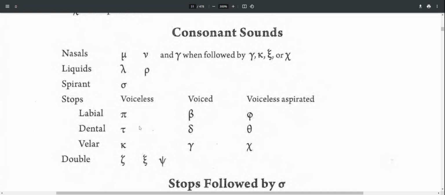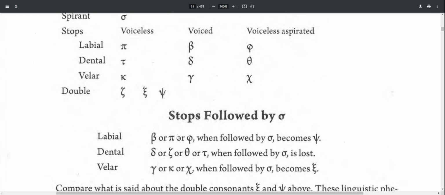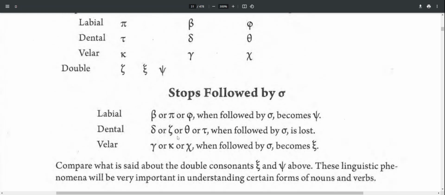Dental: tau, delta, theta. Velar: kappa, gamma, chi. And you have the double consonants zeta, xi, and psi. That division is important for some rules in some nouns in the third declension. So you have that reason.